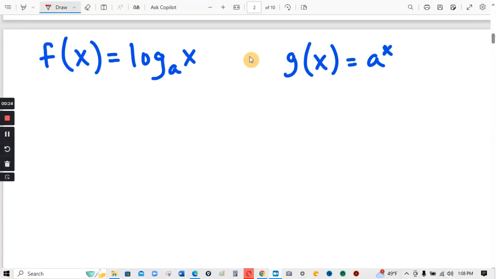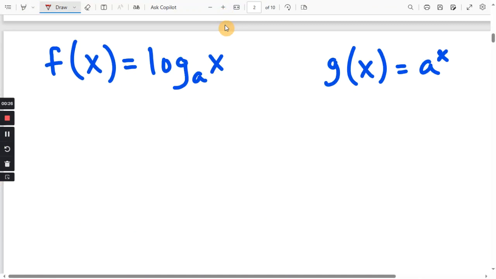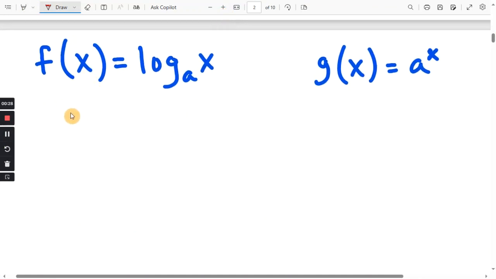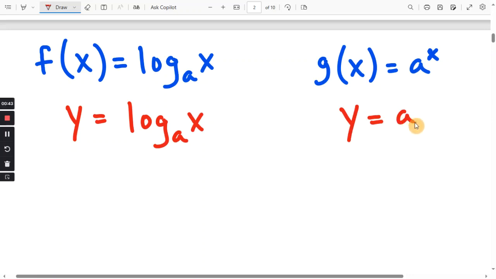So I want to prove that these functions are inverses. Remember, f of x is basically y equals log base a of x, and g of x is also y equals a to the power of x.